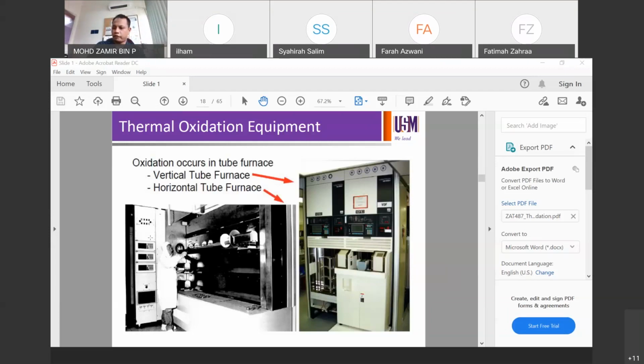Okay, how about the function of oxide? What are the general functions of oxide? Why do we normally use oxide for our fabrication? Apa role-nya? Give me a couple of roles of oxide or functions of oxide.